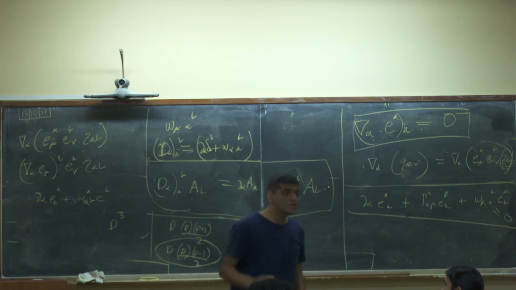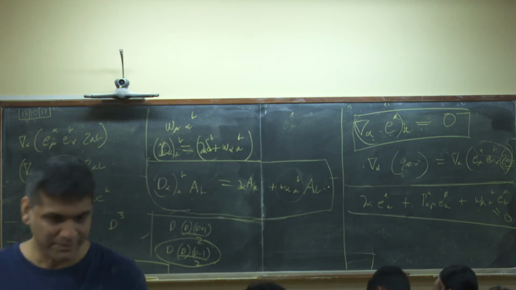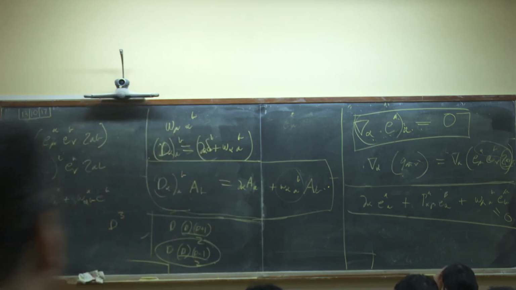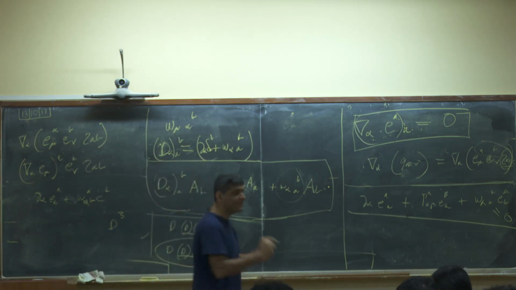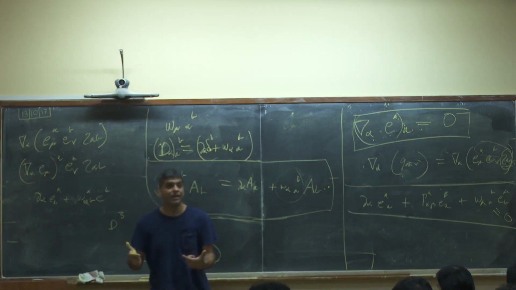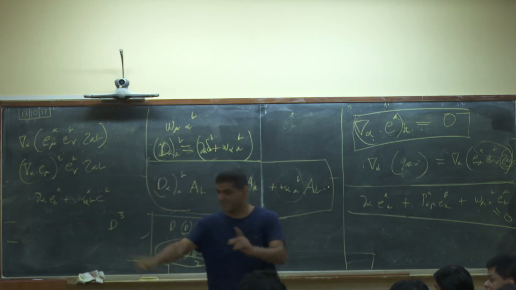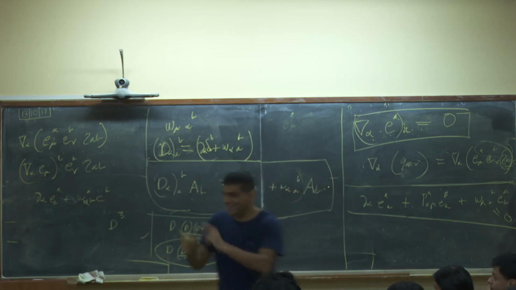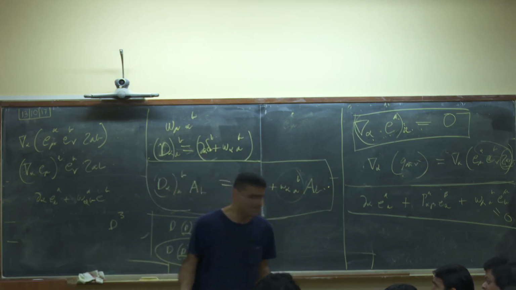Given the vierbein fields, the fact that they are vierbeins determines the metric of the space, because then you dot two of them, you get the metric.